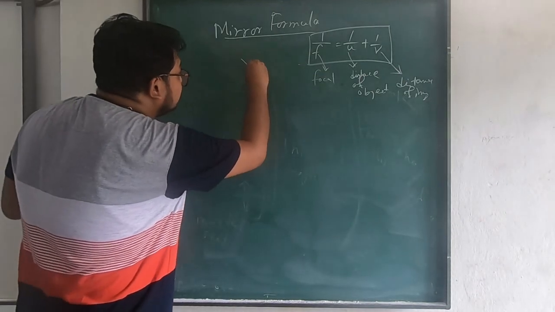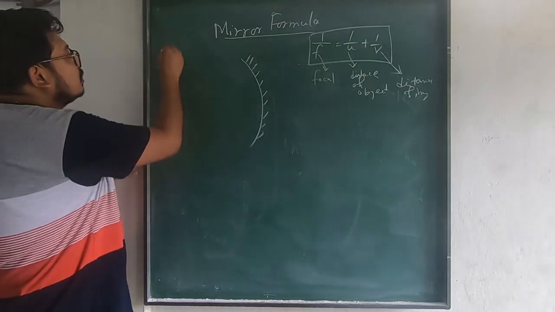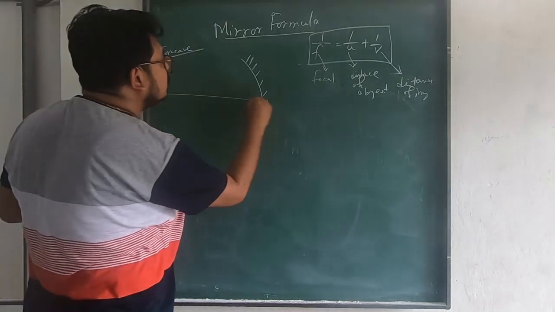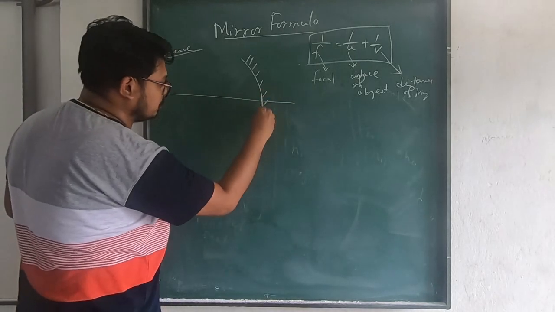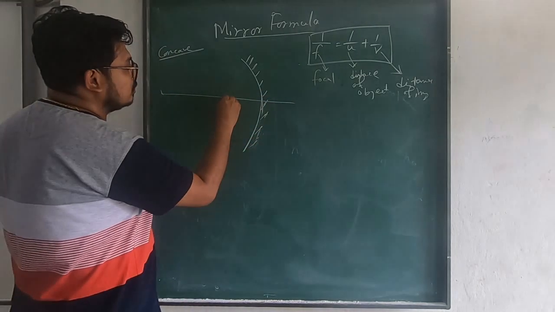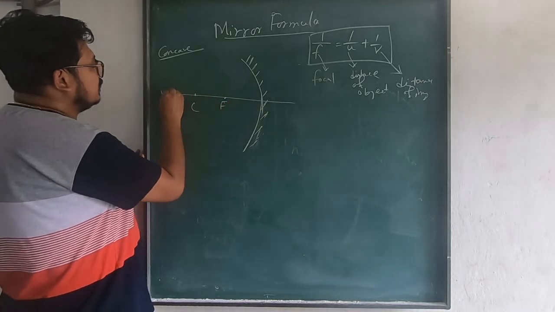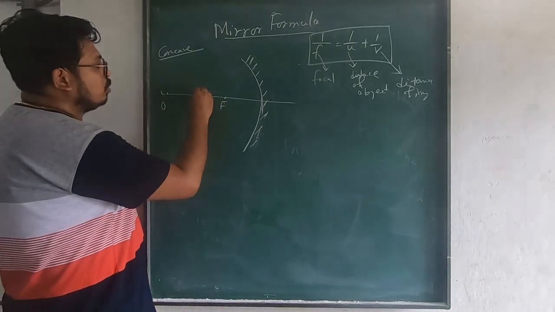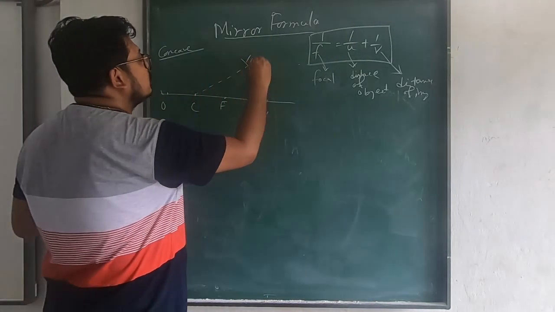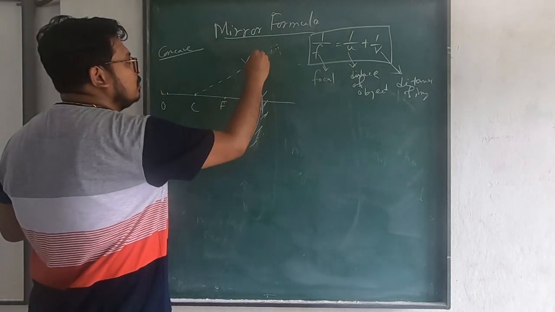So you can draw one. Let's do it for a concave mirror. Okay. So here is your focus. See, now consider here is an object. The center means there will always be a perpendicular, that is a normal we can draw. Clear? It is perpendicular. We can draw one normal.